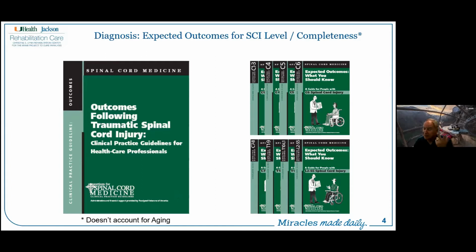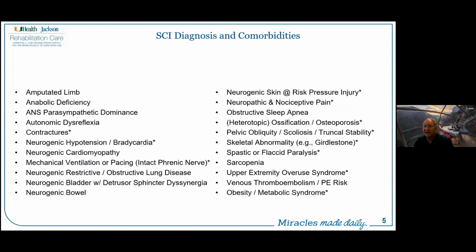And as my last presentation was on aging, you'll recall that upper extremity overuse, particularly for those who are using upper extremities for wheelchair propulsion and pressure relief, is a major issue as a person ages. So we'll talk through a little bit of that as well. So a usual list of diagnoses and comorbidities for our people with spinal cord injury, particularly high levels of injury, may have all of these associated with them.